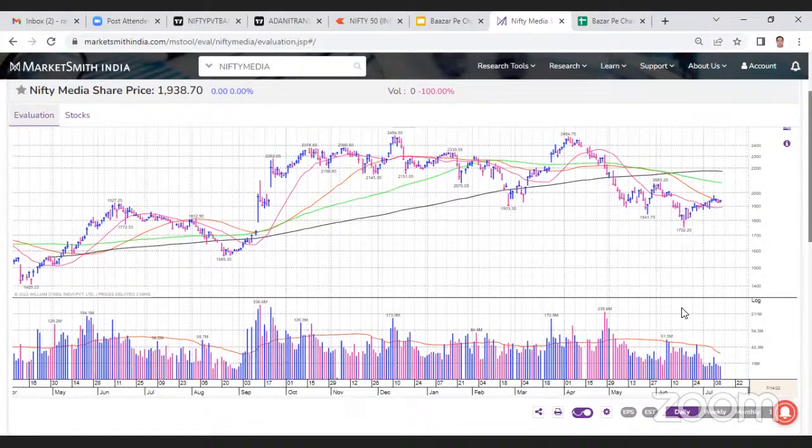So I can say that a 120 to 130 point bounce back may happen, more or less 7-8%, once it remains holding above 1930. And suppose it breaches 1925, 1930, then I can say that it will remain traded sideways with a negative bias. So this is the current placement of media.